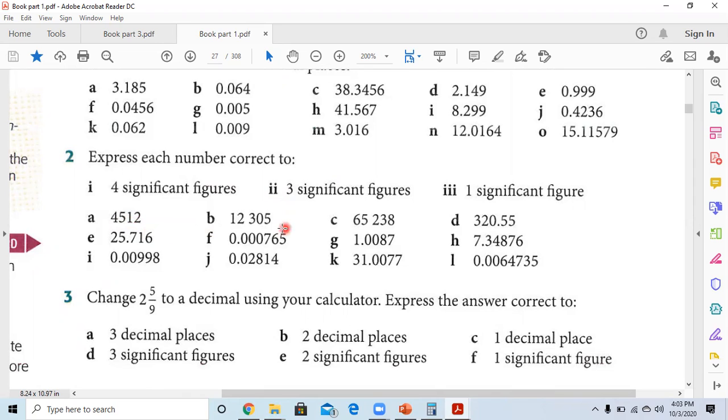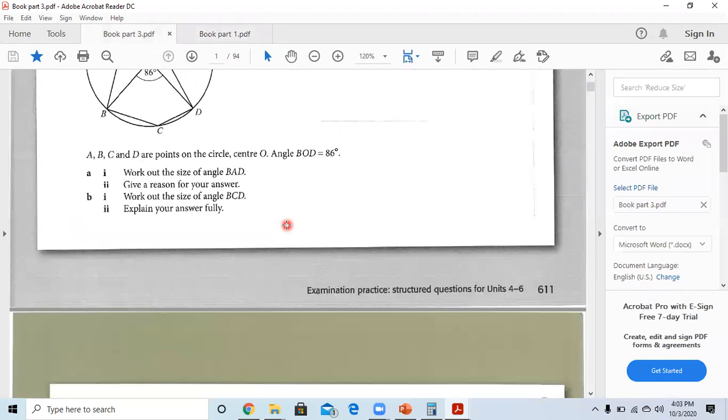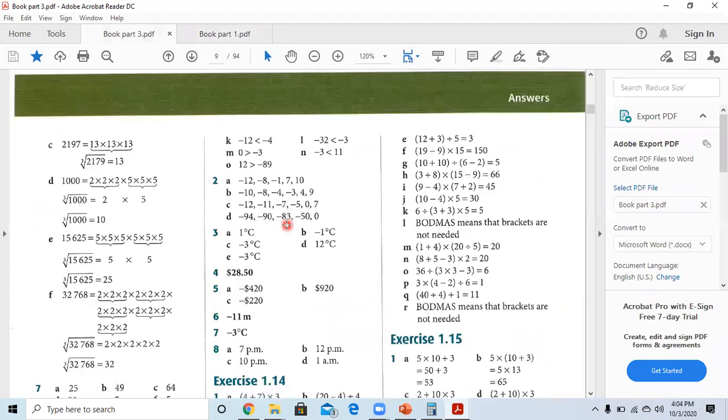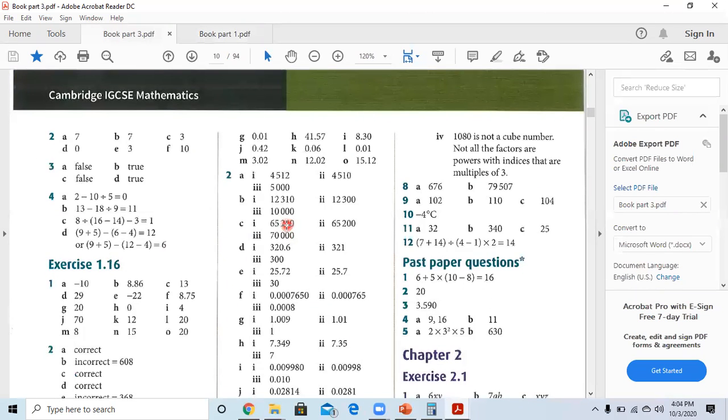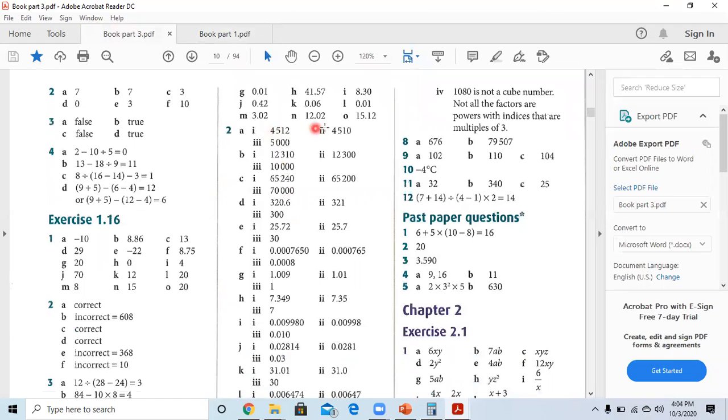Now same like that here, if we say one significant, what we will do is, after 4 we check this one, it is 5, more than 4, so we add 1. So here you write 5. Okay, so let's see their answers. It's 1.7. Look here. Once he says 4 significant, all those numbers that are 4 we write as it is.